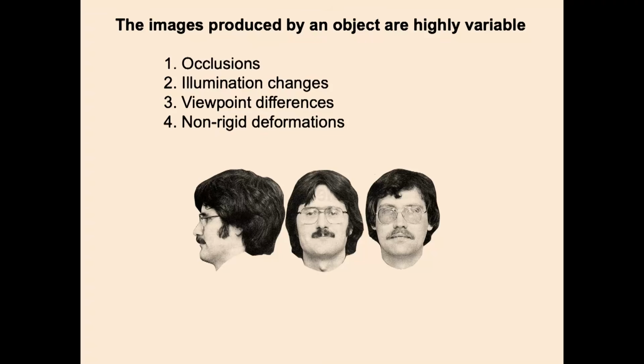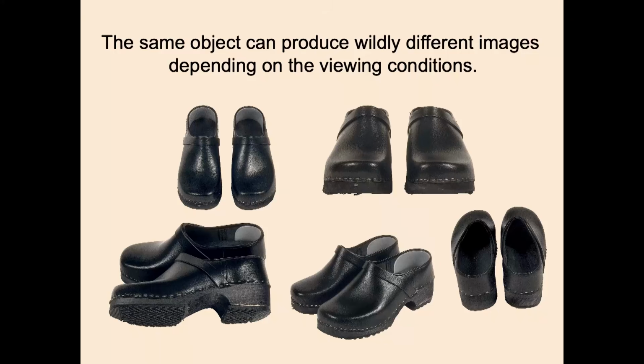Here you can tell that one of these faces on the right is the same as the one on the left, and that one is different. As a consequence, the same object can produce wildly different images depending on the viewing conditions. These are all the same pair of shoes, but the pixel array that you get in each of these cases is very different.